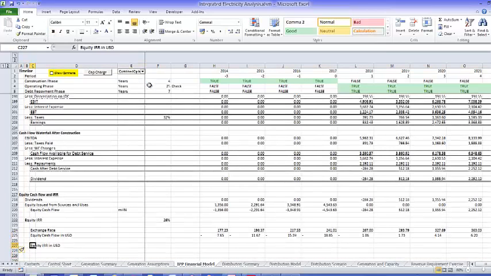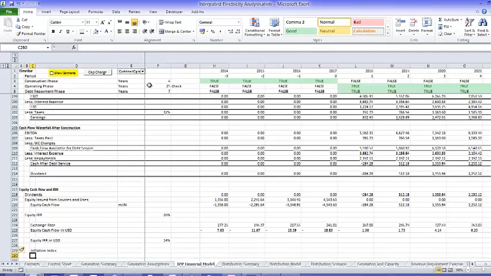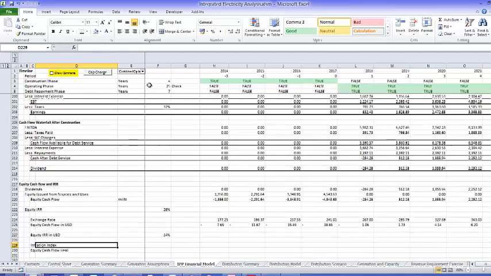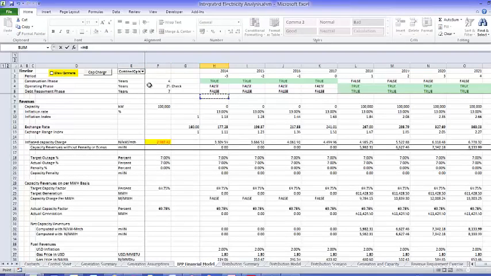Once we have that, why don't we put our inflation index, and then we can put our equity cash flow real. Our inflation index, I believe, how did we do this?